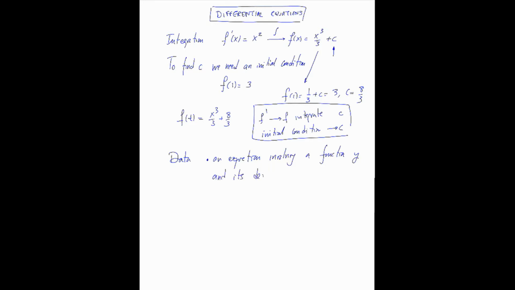It could be one derivative, it could be more than one derivative, for example y prime, y second prime, and so on. For example, an equation y double prime plus 3y prime minus 6y equals something here. We'll fill this in, and we're going to have some initial conditions. The goal of this is simply to get a formula for y.